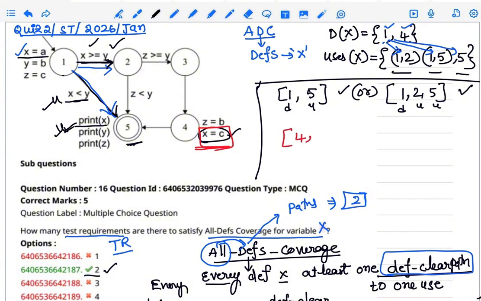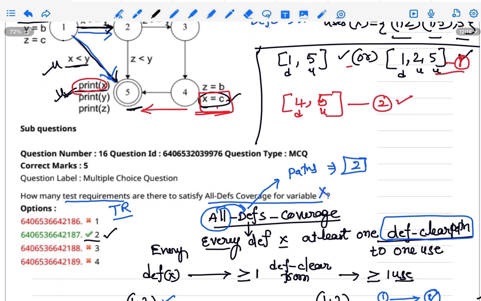You can consider any one of these. The other definition of x is at node 4, x equals c, from node 4 to its use at node 5. This is the second path.